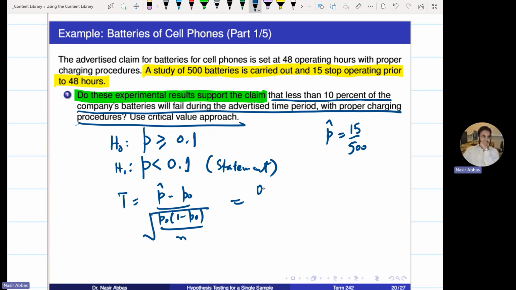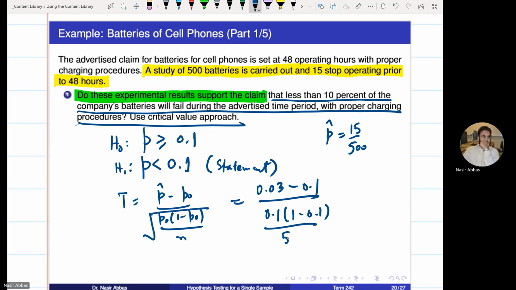So P hat is 0.03 minus what is P naught? It is the value that you are testing in H naught. What is the value you are testing in H naught? 10%, 0.1 over 0.1 times 1 minus 0.1 over what is the sample size?